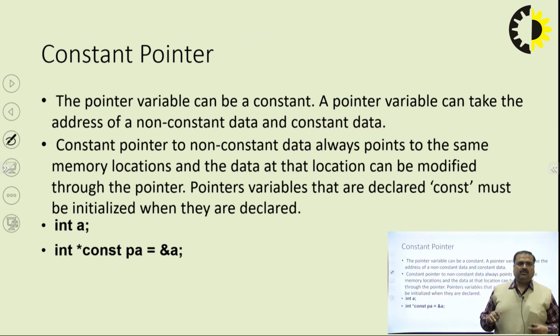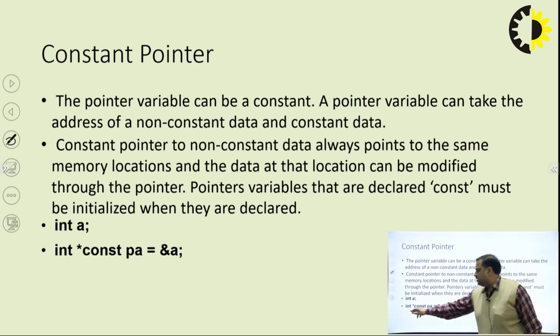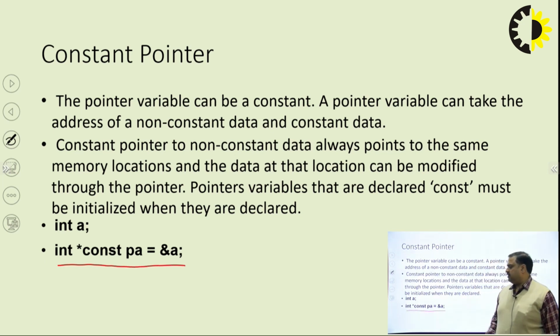Another thing is the constant pointer. The pointer variable can also be constant. I already told you that a constant variable cannot change its value during program execution. Similarly, a constant pointer cannot have a different address once assigned. So, int *const pa = &a.